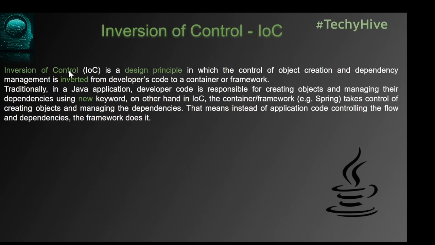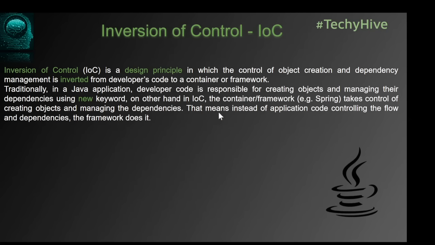Inversion of control, IOC, is a design principle in which the control of object creation and dependency management is inverted from the developer's code to a container or framework. Traditionally, in a Java application, the developer's code is responsible for creating objects and managing their dependencies using the new keyword.